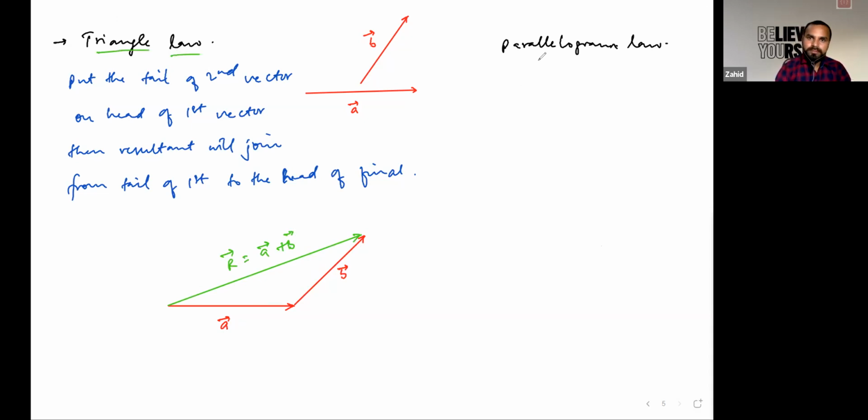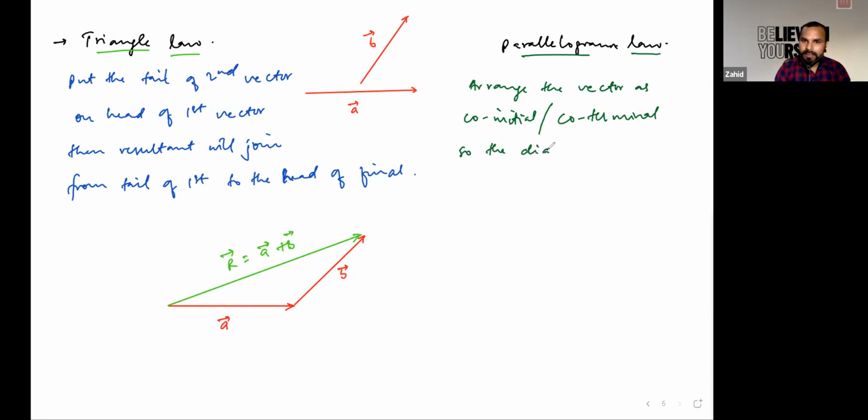In parallelogram law, arrange any two vectors as co-initial or co-terminal vectors. They will form a parallelogram, so the diagonal in between them will be the resultant.